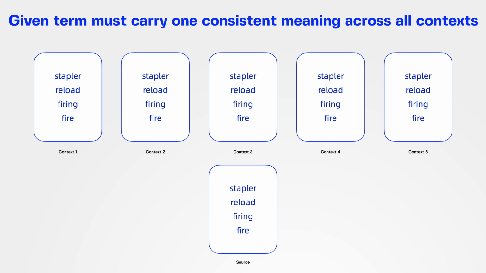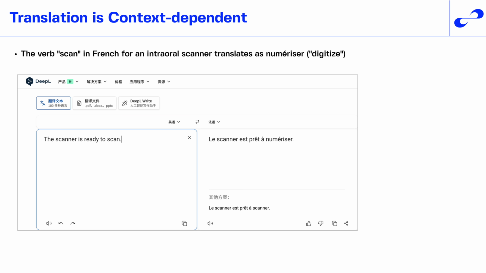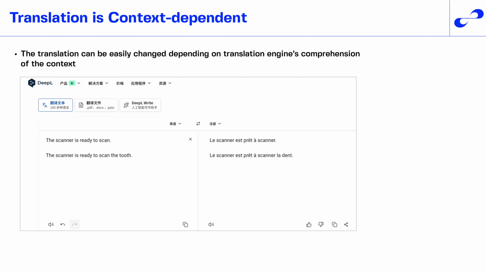Glossaries eliminate ambiguity by locking each term to its approved translation. For example, the verb scan in French for an intraoral scanner translates as numériser or digitize, not the more common scanner. Without a locked glossary, a translation engine will alternate between options, creating inconsistency.